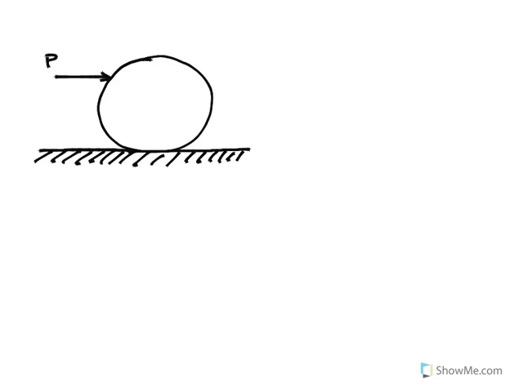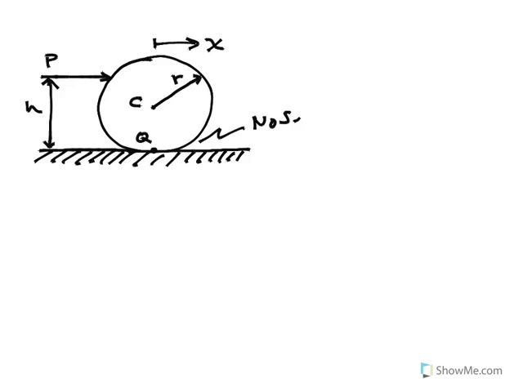So this force is being applied at a height h above the ground. The center of the sphere I'm going to denote as point C, and the radius of the sphere is r, and I'm going to denote the displacement of C relative to the ground by displacement x, and then I'm going to call this point here Q, and there's no slip here.